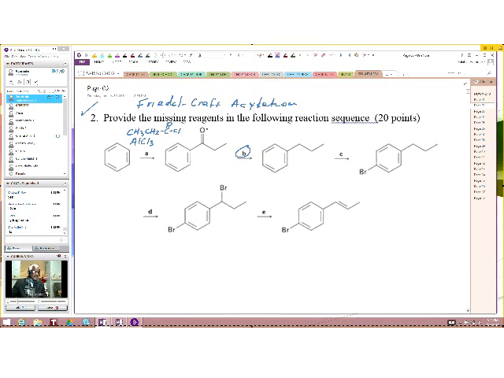You have a carbonyl that is attached to benzene, which will be transformed to a CH2. So we call this a methylene group.